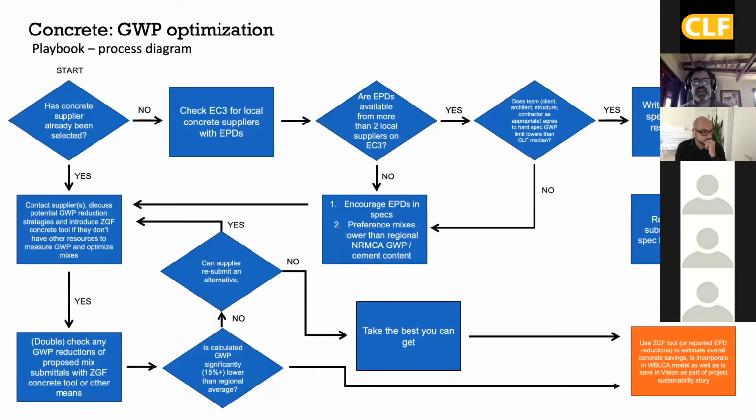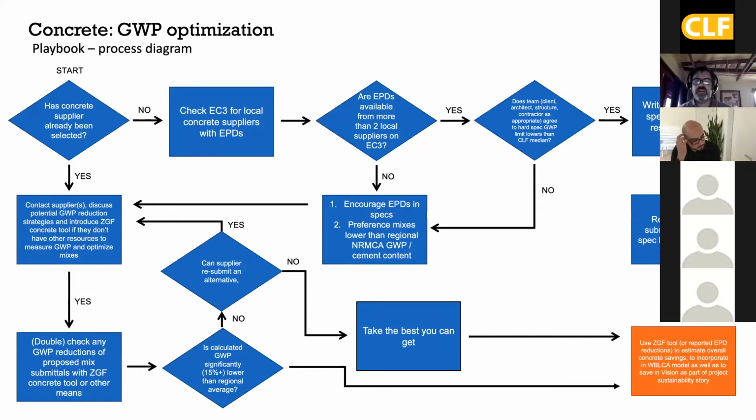But for those that haven't gone to bid yet, our process is to use EC3, which a lot of folks I'm sure are familiar with, to check whether local suppliers have EPDs. If they do, and we can create a competitive environment, we can specify global warming limits based on the available local data. That's a great process, and we're doing that on projects.